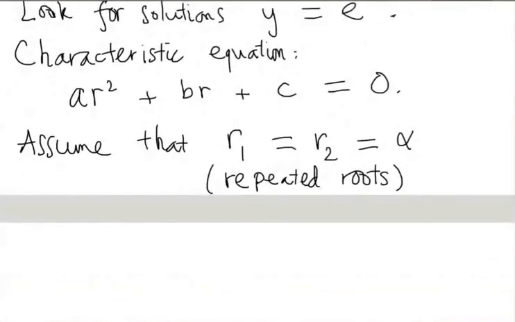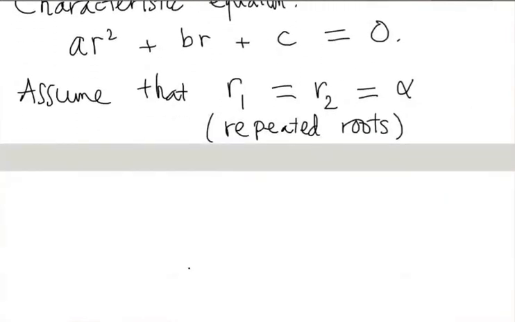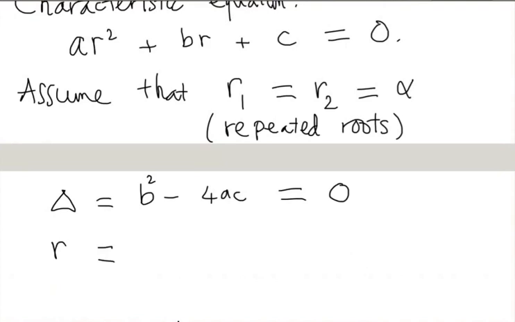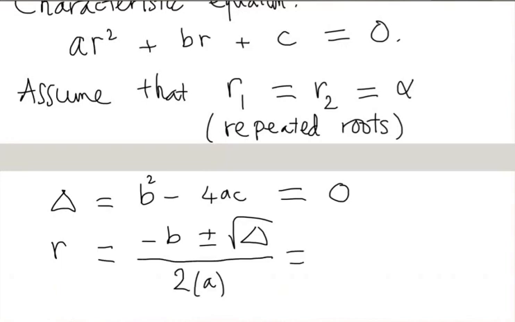From college algebra, this happens when the discriminant delta, b squared minus 4ac, turns out to be 0. Then from the quadratic formula, we have minus b plus or minus the square root of the discriminant, divided by 2a. Of course, we're always assuming that a is different from 0.